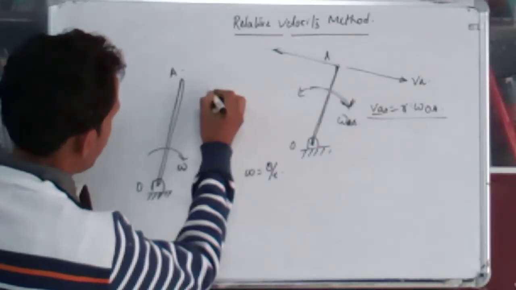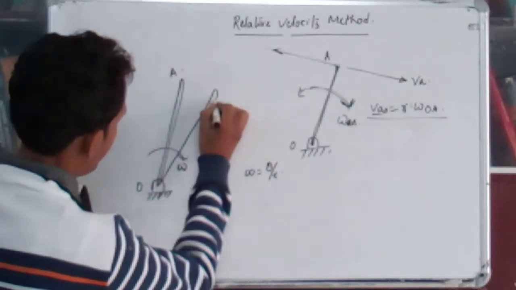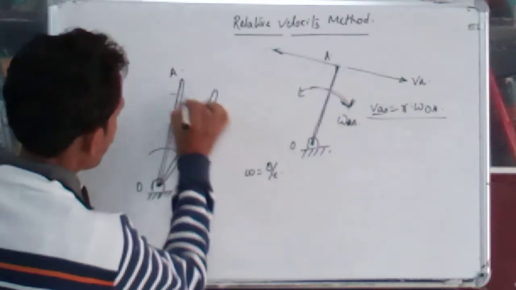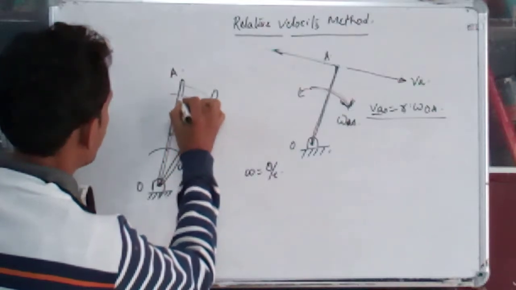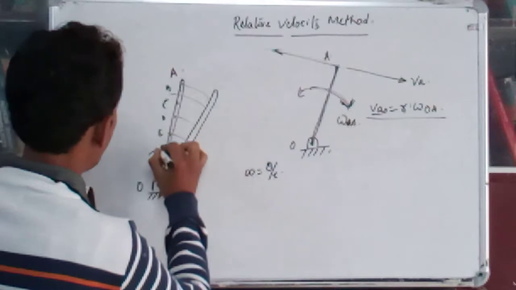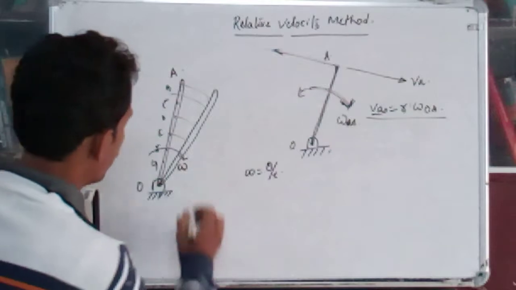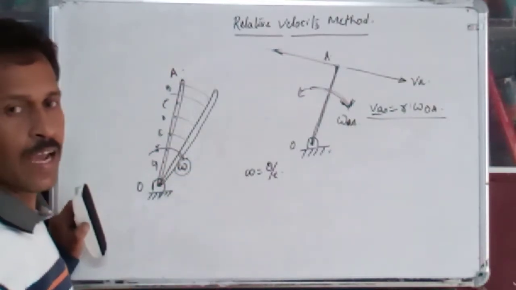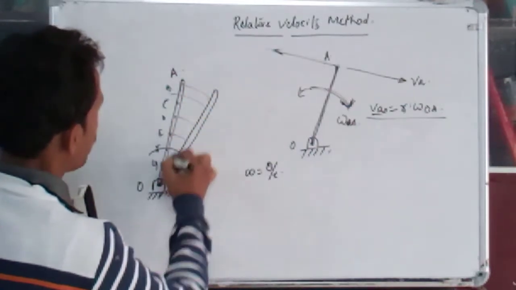Now consider different points on it, suppose A, B, C, D, E, F, G. The angular velocity omega will not change, and it will remain the same for all points in the particular link.